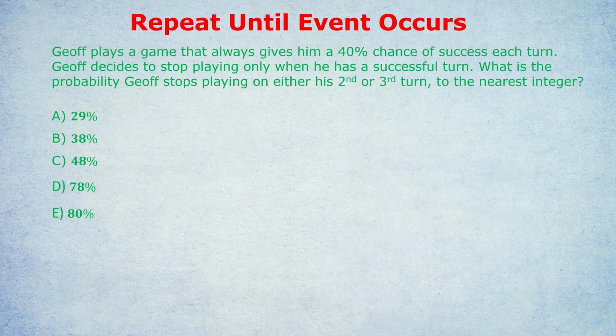Well, you're certainly right that the first turn, there's a 40% chance of success. I'm going to call that 0.4. But for him to get success on the second turn means that he must have necessarily not gotten success on the first turn. And many students ignore that bit. They forget that for him to be successful on the second turn, Jeff must have been unsuccessful on the first turn.